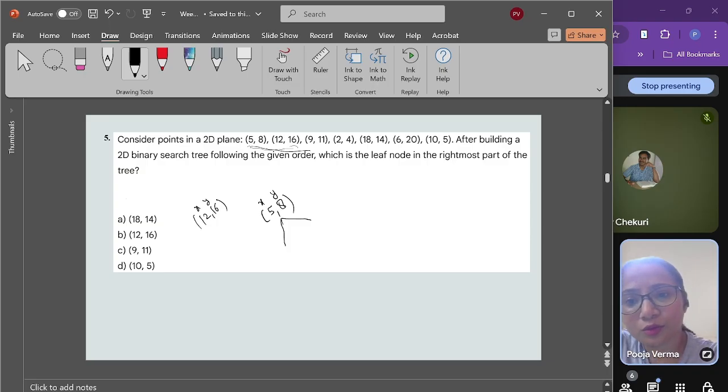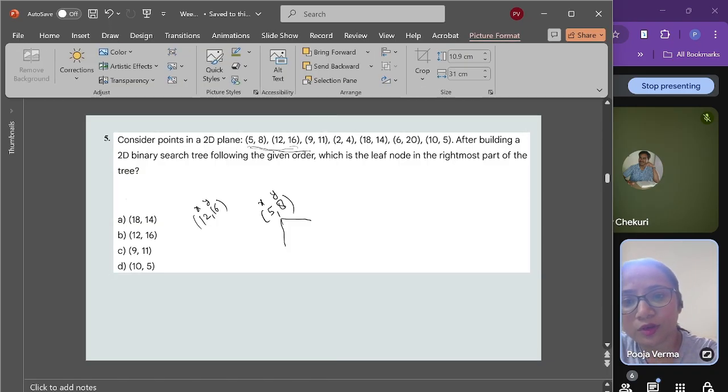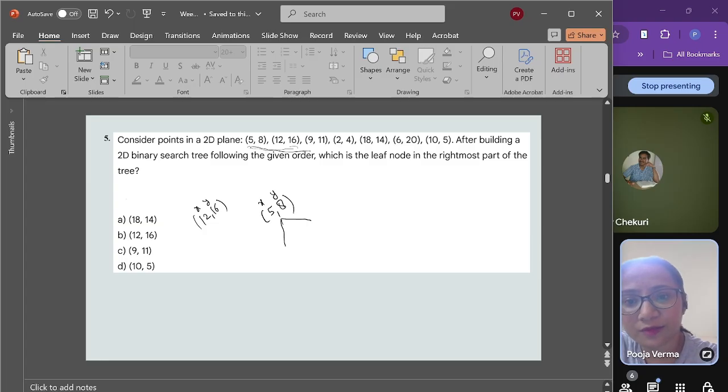The x coordinate for the root node is 5 and the x coordinate for the next point is 12. Here 12 is greater than the root node's x, so it will go to the right of the root node.